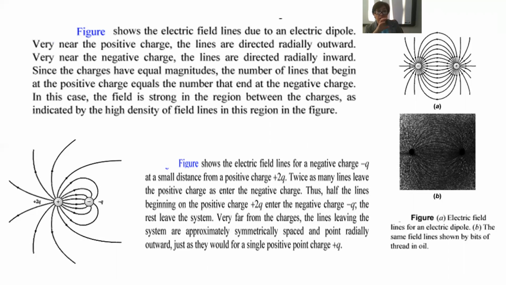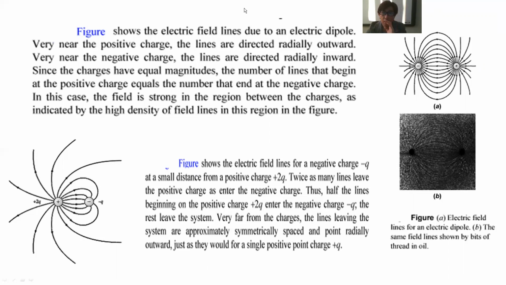As I said, the charges have equal magnitude. The number of lines that begin at the positive charge equals the number that end at the negative charge. In this case, the field is strong in the region between the charges, and this is indicated by the high density of field lines in this region in the figure.